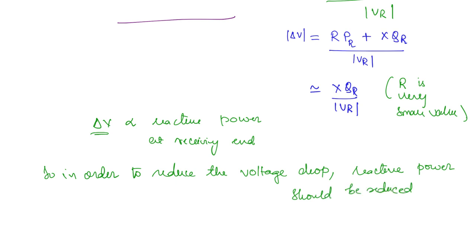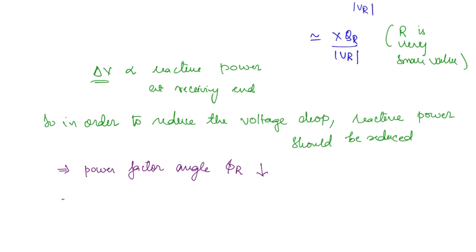Now if reactive power should be reduced, it means that the power factor angle should be reduced, right? That means what will happen to the power factor? If the power factor angle is being reduced, then the power factor is going to improve. So this implies that the power factor angle at the receiving side, phi r, should be reduced.